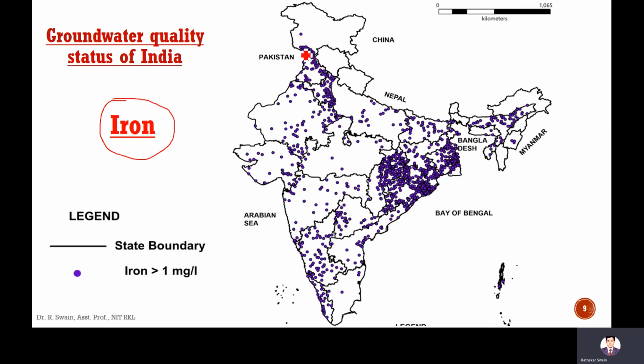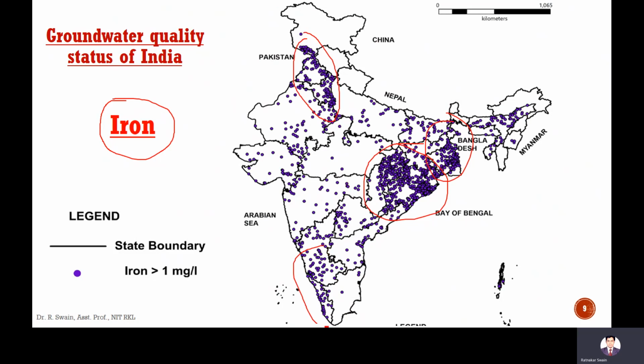You can see the values more than 1 milligram per liter. These are the points shown here, the locations where the groundwater iron content is more than 1 milligram per liter. I'm telling about only groundwater. Here you can see Odisha, Rourkela, Chhattisgarh, Jharkhand, even West Bengal, and here Punjab, Haryana. In these areas also, the iron content is very high.